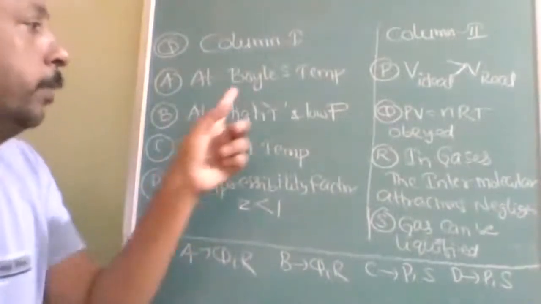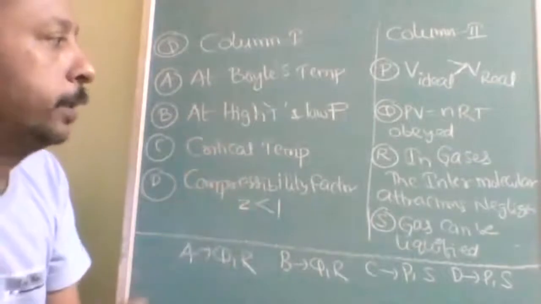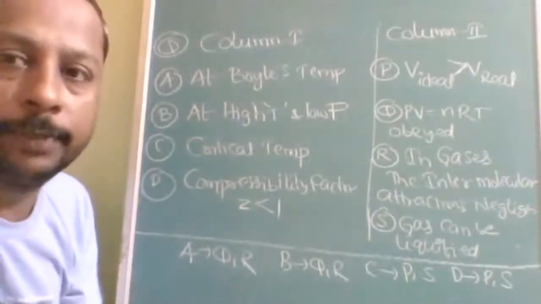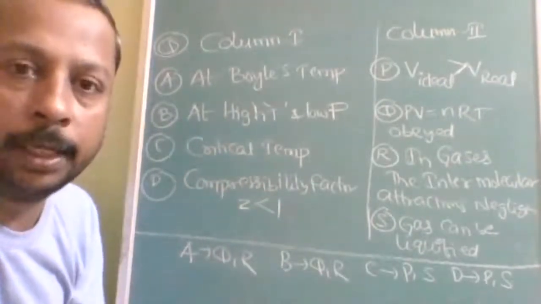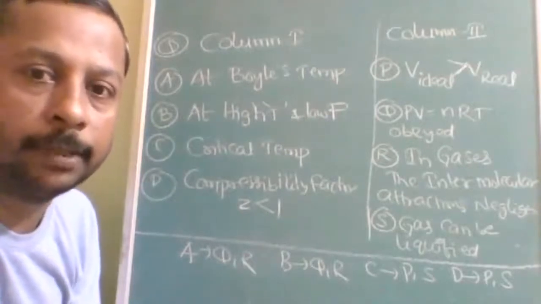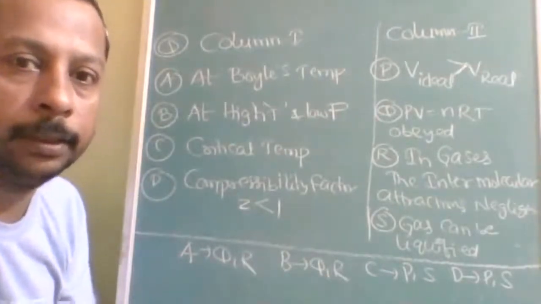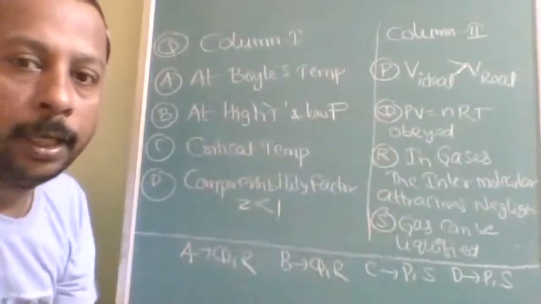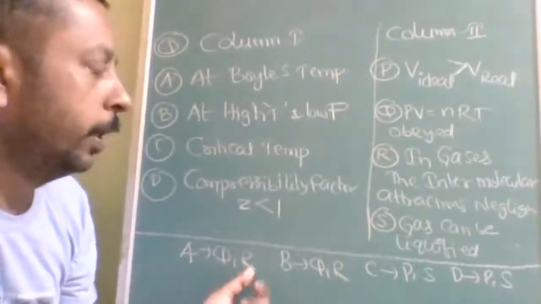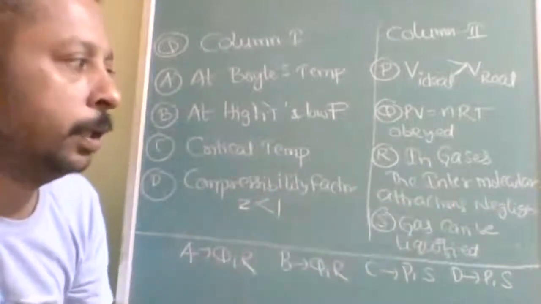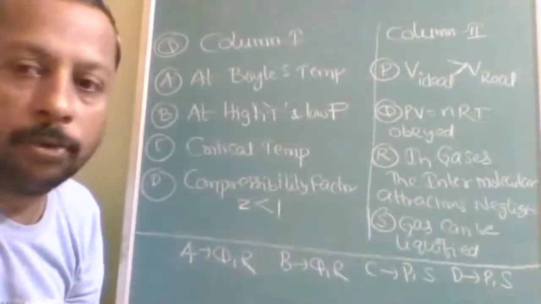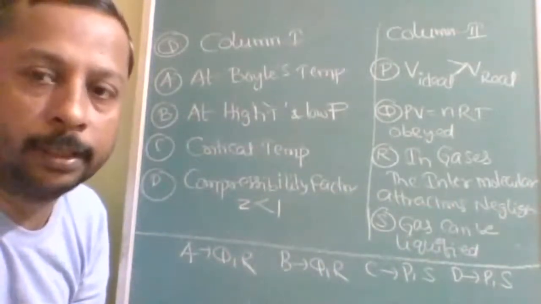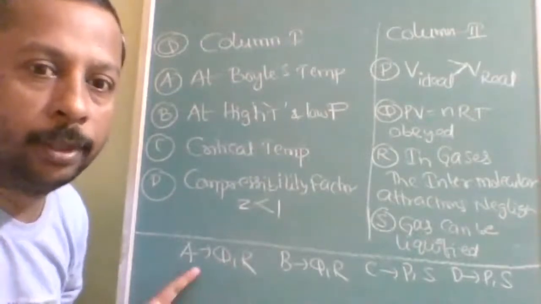At Boyle's temperature, the definition itself says the temperature at which real gas behaves as an ideal gas. Therefore, A answer will be Q. And R. Why R? Because ideal gases mean no intermolecular force of attraction, that is zero. So A is QR.